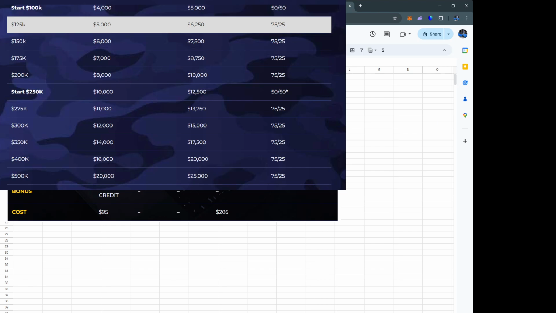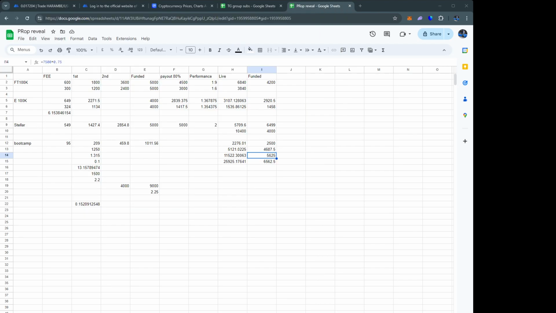Because in the next step we have a 175k account, meaning that we have a profit target of 8.7 thousand, meaning that with the 75% profit ratio we get a payout of 6.5 thousand.